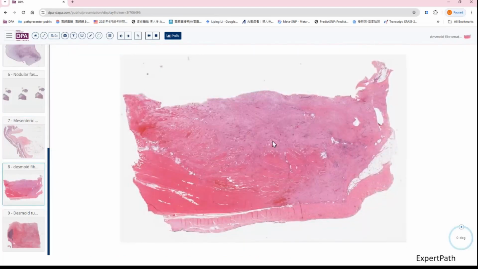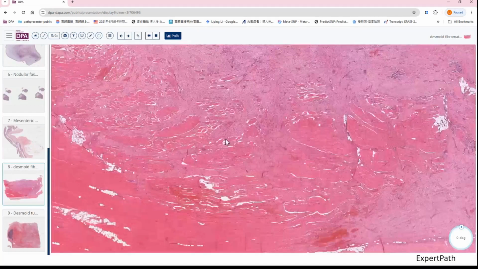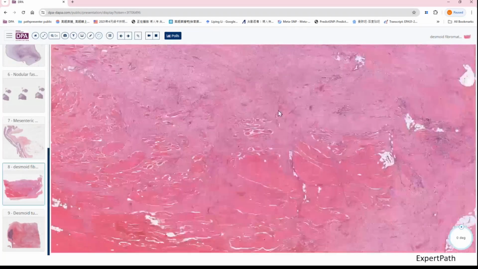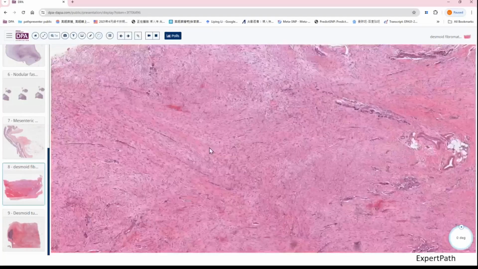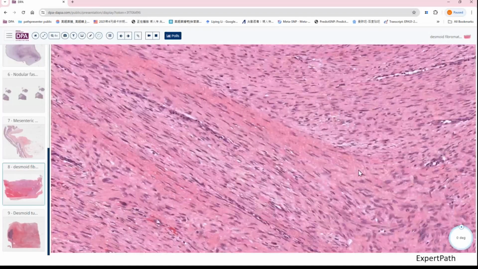And then this is another desmoid fibromatosis from the abdominal wall. This is the fascia. This is the skeletal muscle. We see this spindle cell proliferation wrapping the skeletal muscle and forming this characteristic long fascicular growth.